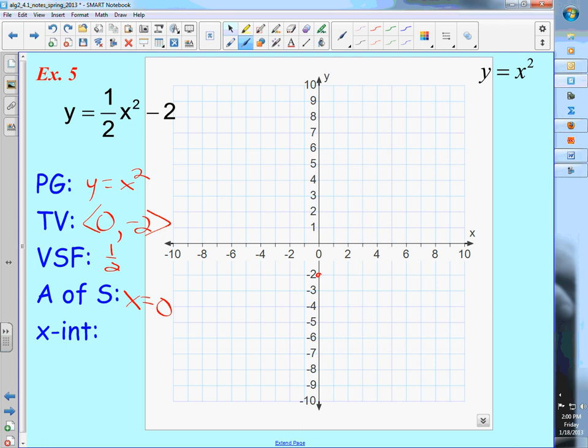So we're going to start at 0, negative 2. But instead of going right 1, up 1, what are you going to do? Right 1, up a half. Right 2, up 2. Left 1, up a half. Left 2, up 2. Right 3, up 4 and a half.